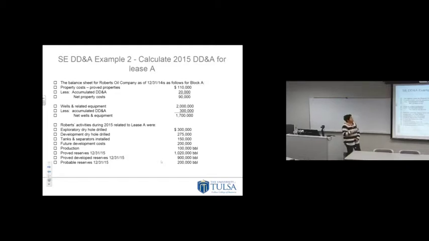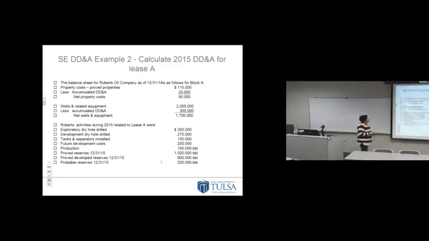So I subtract that. My net property asset is $90,000. I've got wells and related equipment of $2 million, less my negative asset of accumulated DD&A on these wells and equipment of $300,000. So my net wells and equipment asset is $1,007,000.